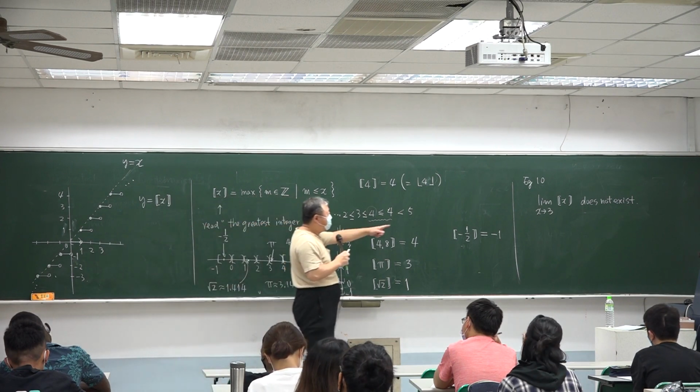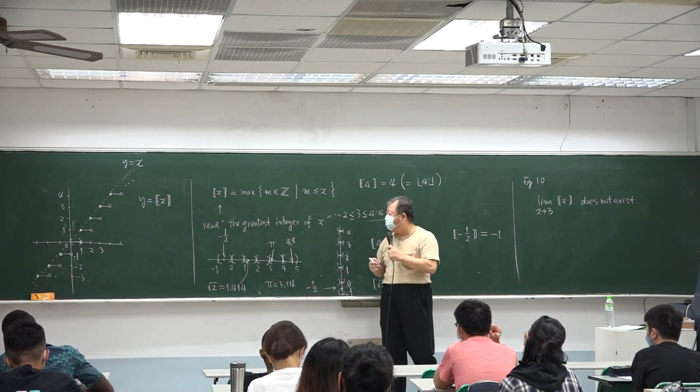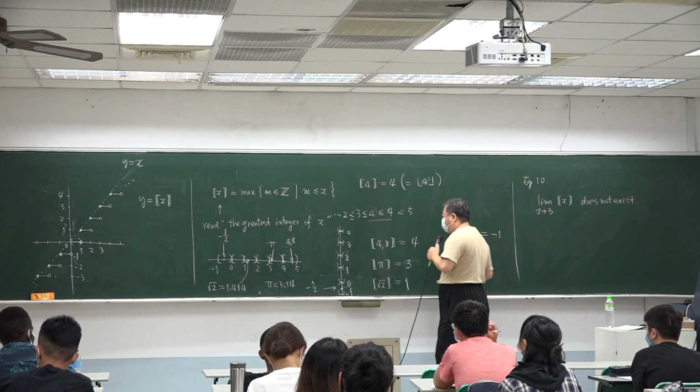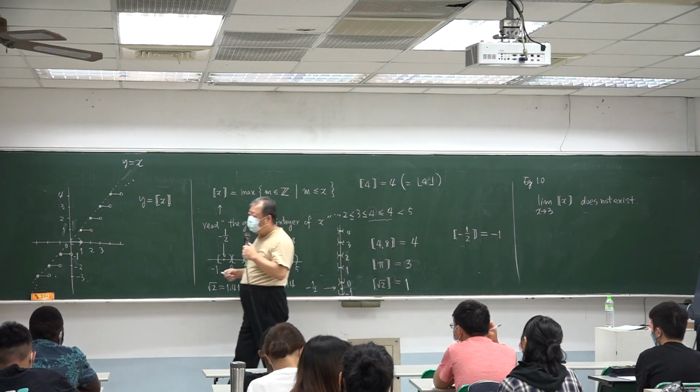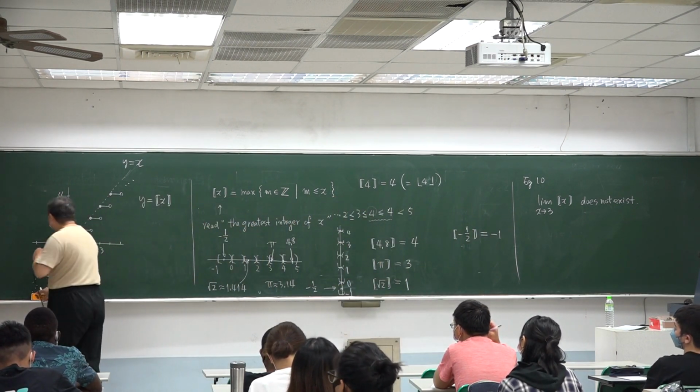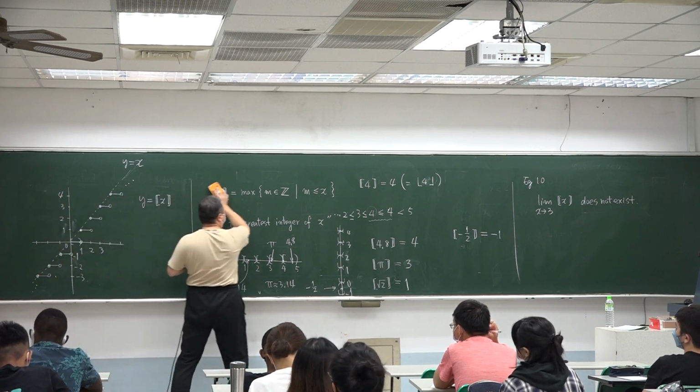Now, when x approaches 3, to show this limit does not exist, we consider the two one-sided limits, from the right and from the left.